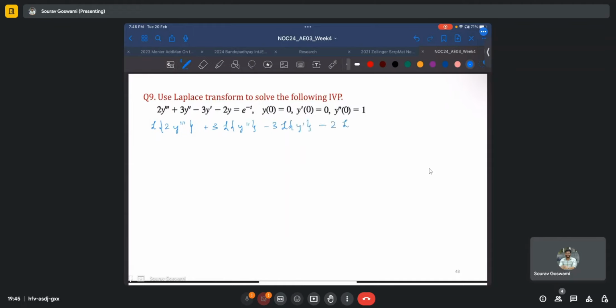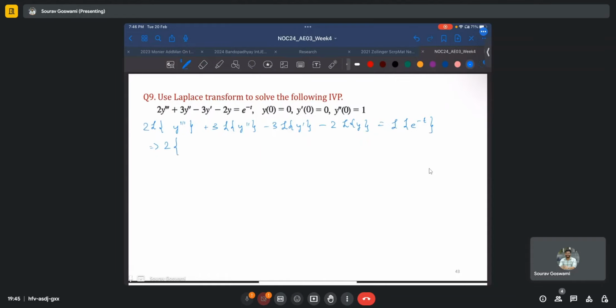The Laplace transform of the left side equals the Laplace transform of e power minus t. So, okay, best to bring 2 outside.